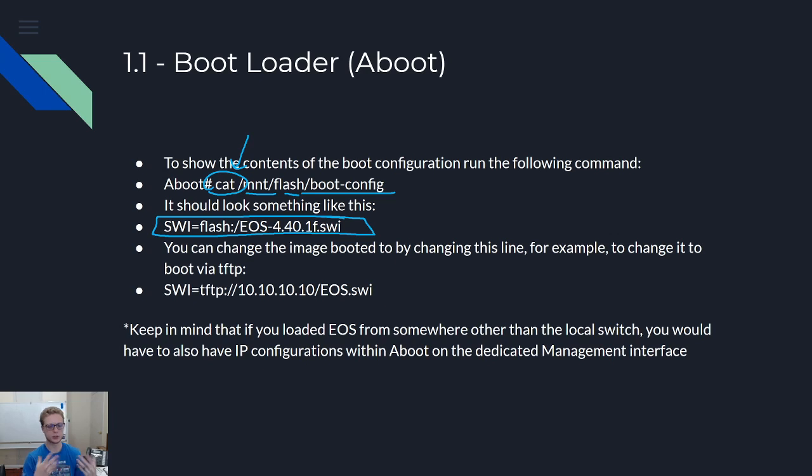Now, you may be able to change this to something like a TFTP location if you want to load your EOS from a TFTP location. Depending on your situation, you may want it on a centralized location like a TFTP server. Maybe if you're running in a data center and you've got multiple TFTP servers, you've got some kind of redundancy there.